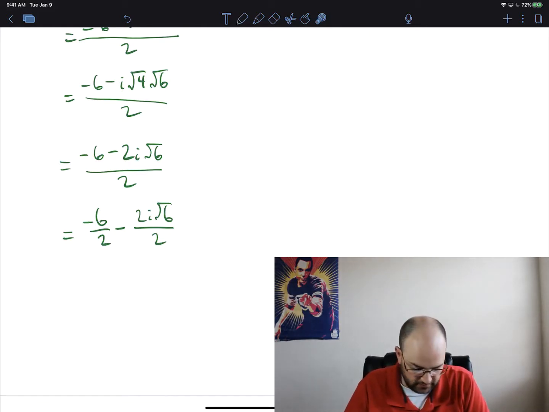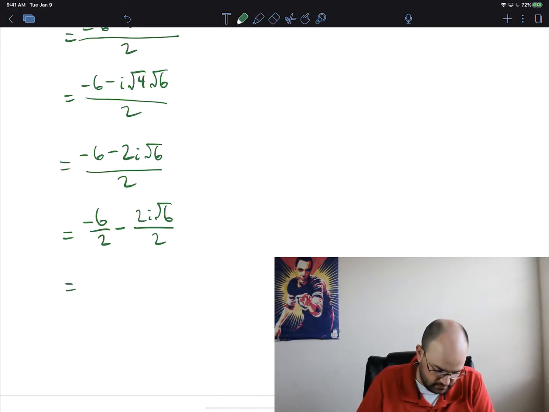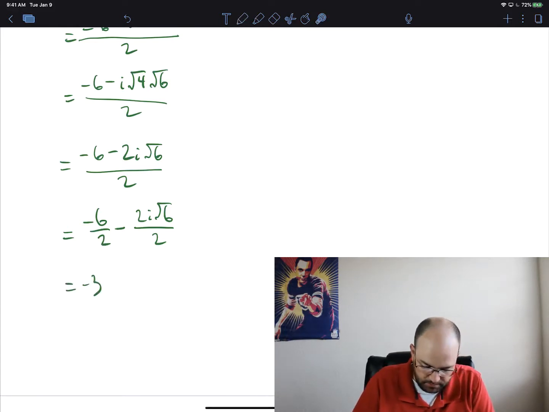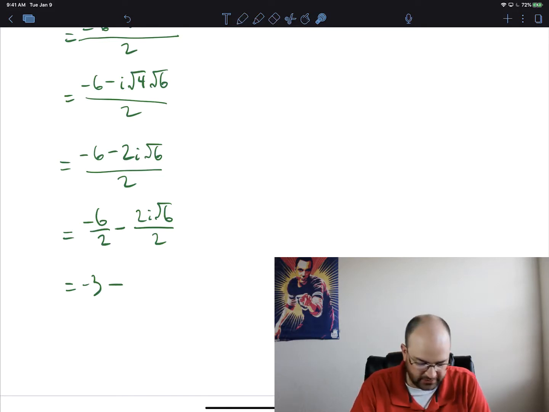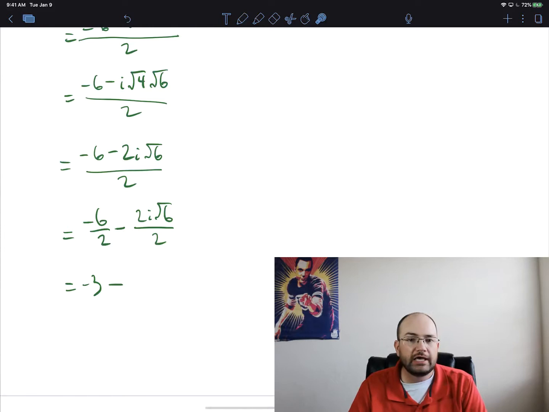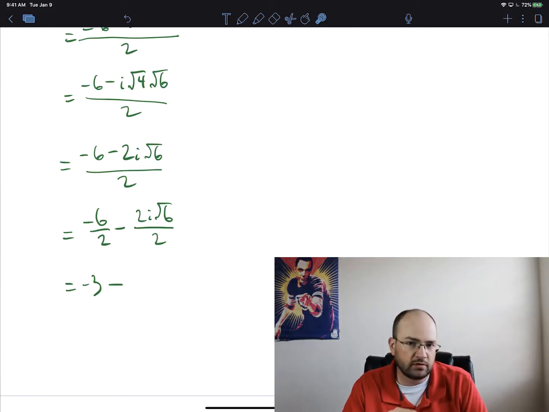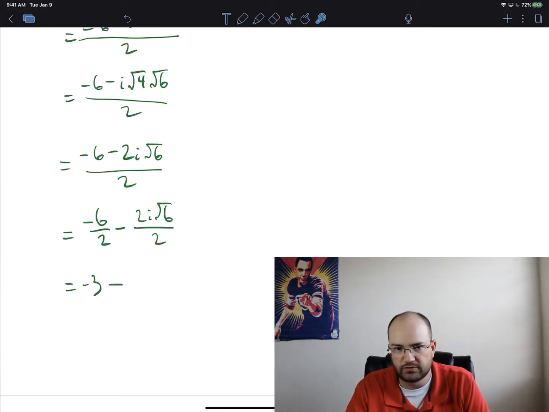So be very careful. Well, this one's actually pretty easy. Negative 6 over 2 is just negative 3. Minus, and then over here, we have to be very careful. Remember this: radicals affect other radicals. That's it. So only radicals affect other radicals. Notice that this 2 is not underneath a radical, so it can only affect stuff that is not underneath a radical as well.